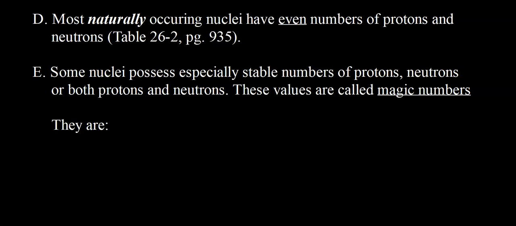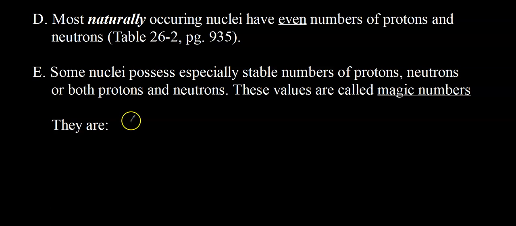It says most naturally occurring nuclei have even numbers of protons and neutrons. In fact, there's a table in your book on page 935. For some particular reason, atoms have special stability when their protons, or protons and neutrons, exist in even numbers. Those that have a stable number of protons and neutrons, or both, are especially stable. We call these values magic numbers.